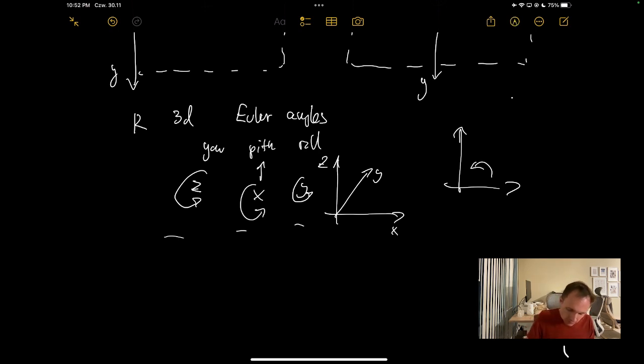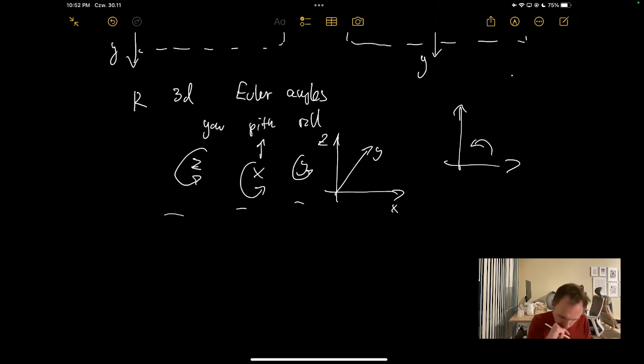And then there's another convention, right? Of expressing the arbitrary rotation in 3D, and also just proving all of this is kind of complex and long and so on. But basically you could have, okay, so here's a coordinate system, right?